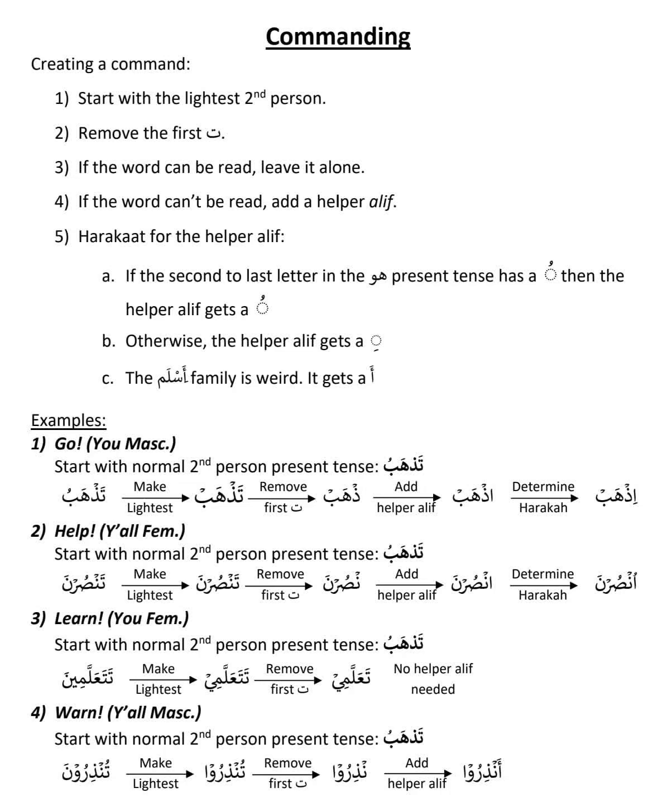Fataha or kasara, whatever the harakat is on the one before the last letter, you have to put kasara on the alif. But if the one before the last letter is dhamma, that means the u sound, then you have to put the u sound on the alif.